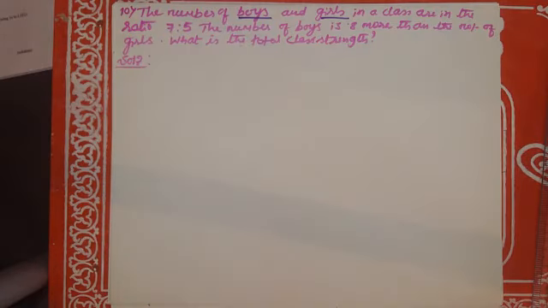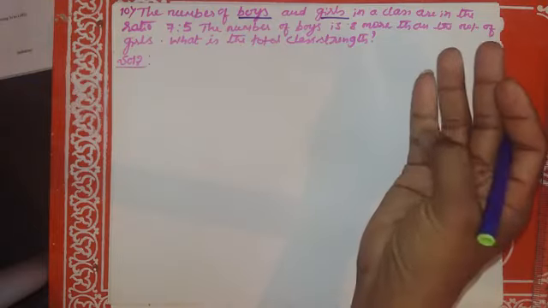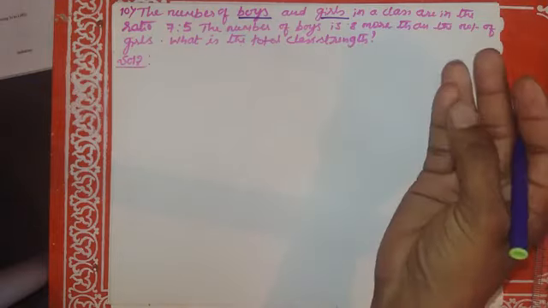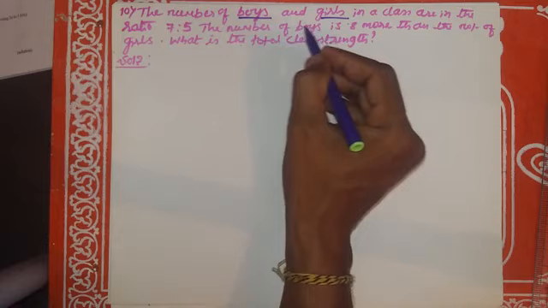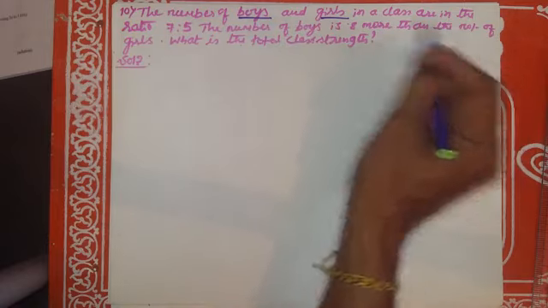Okay, let us see. Number of girls we don't know. Let the number of girls be x, since he has given that the number of boys is 8 more than the number of girls.